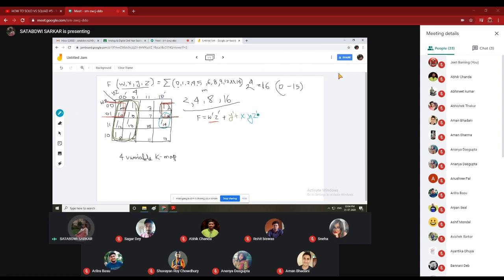So this is the simplified form of this big lengthy function. Just use the K-map, and see how minimization is possible, just only 3 terms.